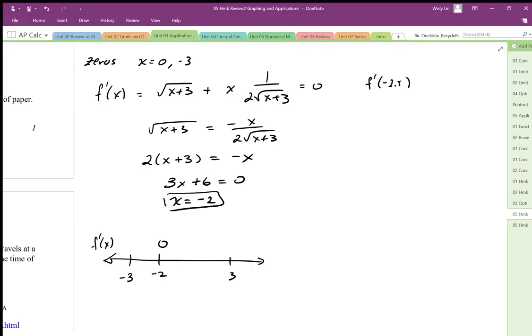So this will be the square root of 0.5 plus negative 2.5 divided by 2 times the square root of 0.5.